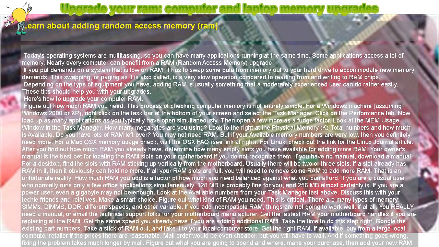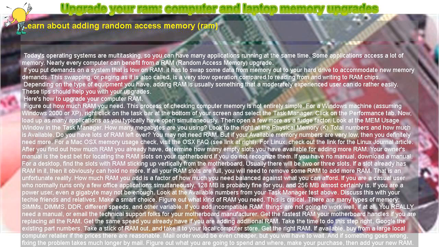For a desktop, find the slots with RAM sticking up vertically from the motherboard. Usually there will be 2 or 3 slots. If a slot already has RAM in it, then it obviously can hold no more. If all your RAM slots are full, you will need to remove some RAM to add more RAM. That is an unfortunate reality.